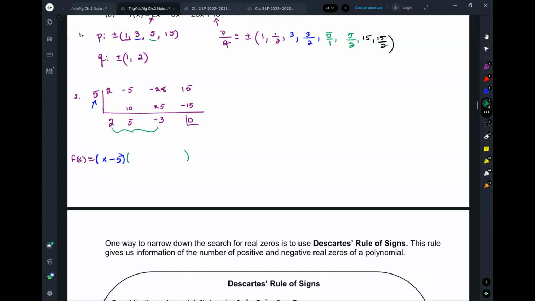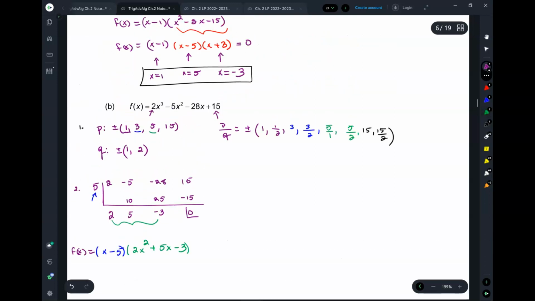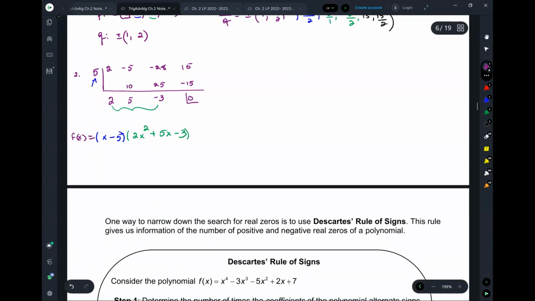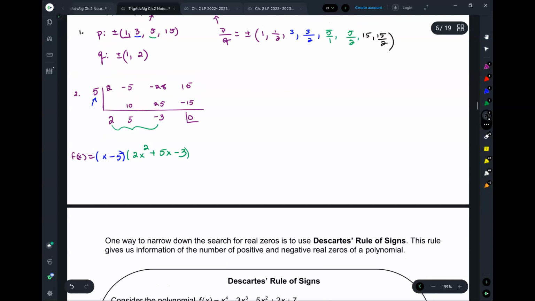Yeah, it's 2x to the power 2 plus 5x minus 3. Precisely. So now, step 3 is we just find the zeros. So we're going to take that function, set it equal to 0.